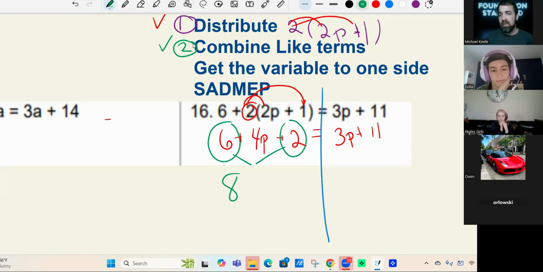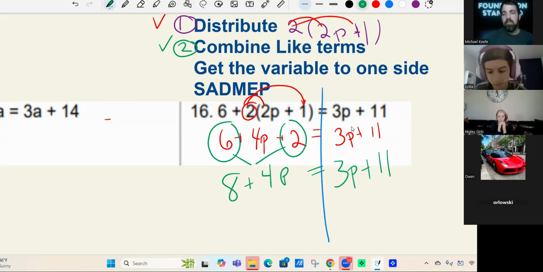So I really can't add those together. The only two numbers that can be added on the same side are the 6 and the 2. And now I can just bring down everything else that we haven't touched.